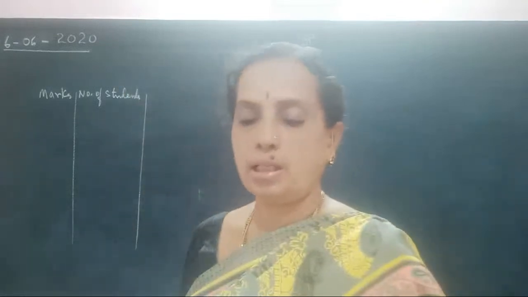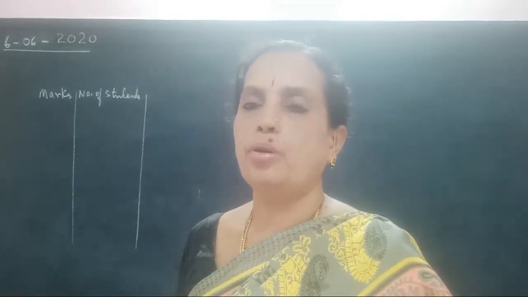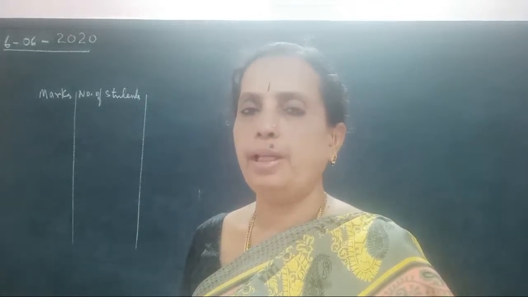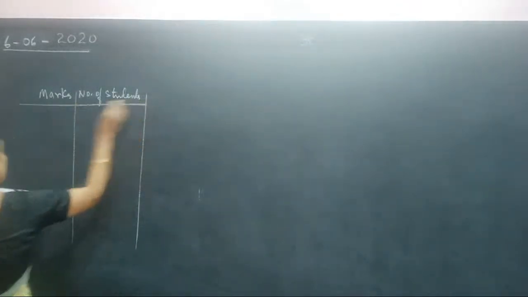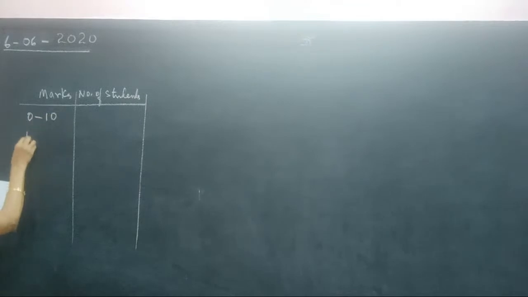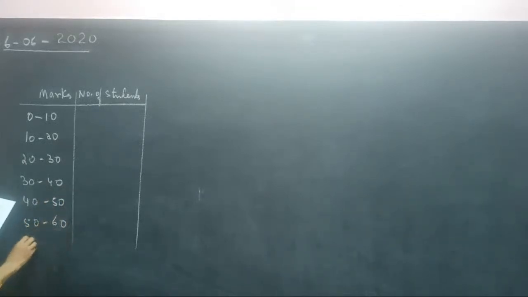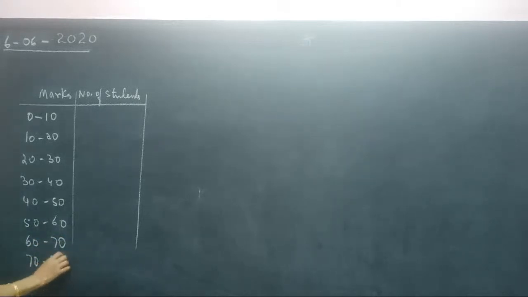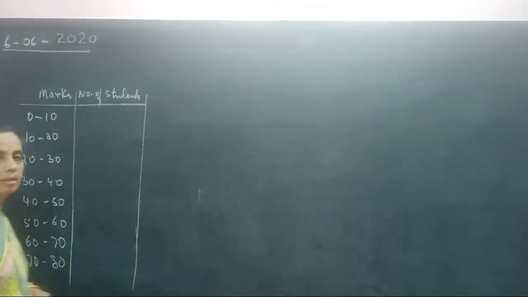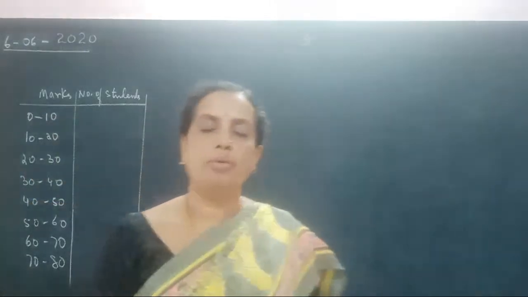The first class interval starts from 0: 0 to 10, 10 to 20, 20 to 30, 30 to 40, 40 to 50, 50 to 60, 60 to 70, 70 to 80. Write up the whole table in the ruled part of your graph book.